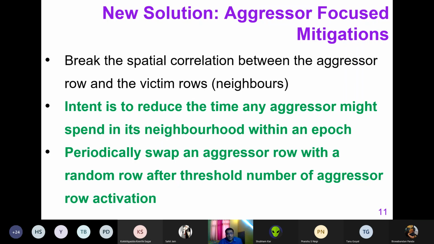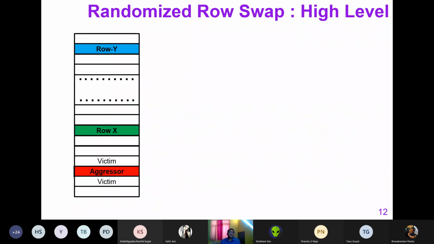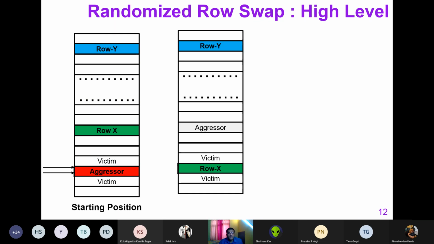Periodically they are swapping this aggressor row, its position, after the threshold number of aggressor row activations. After some activations, they swap with a random row, which is generated by a PRNG-based generator that generates the new row address. So let's try to understand here. In a DRAM bank, say we have this many rows. Now this is the aggressor row. If some activations are coming on that row and it becomes an aggressor, then the swapping will happen. You can see here row X and the aggressor are swapped.